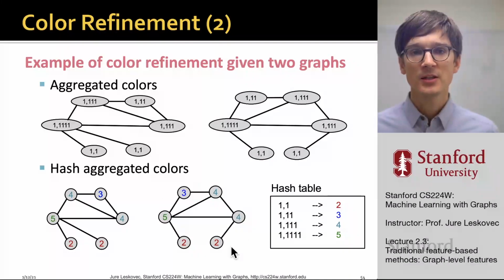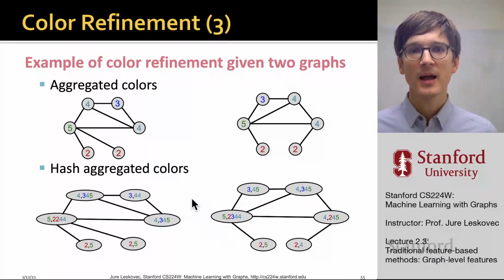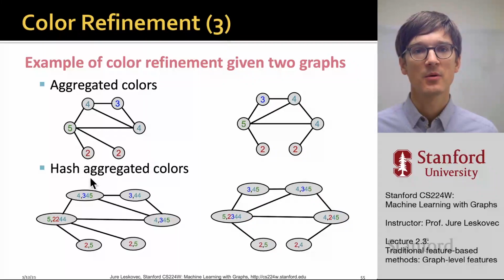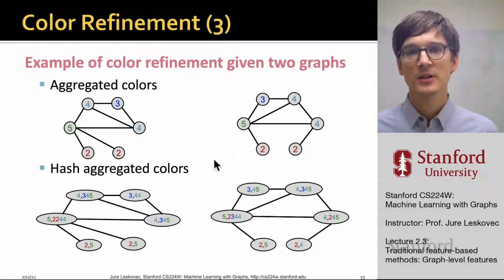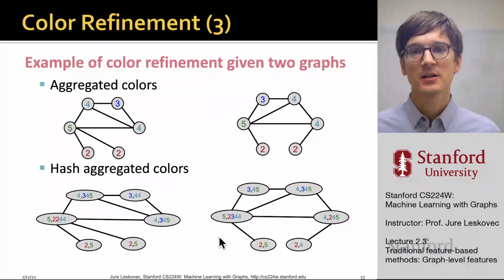Now we take these two graphs and again apply the same color aggregation scheme. So for example, this node with color 4 aggregates colors from its neighbors, so it aggregates 3, 4 and 5, so we have 3, 4 and 5 here. While for example this node here of color 2 aggregates from its neighbor that is colored 5, so it gets 2, 5. And again for this graph the same process happens.